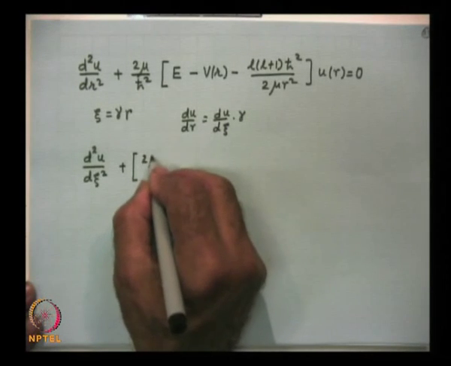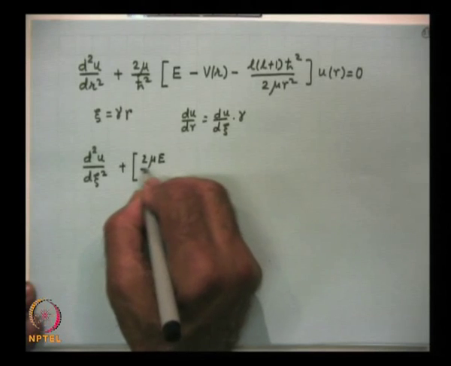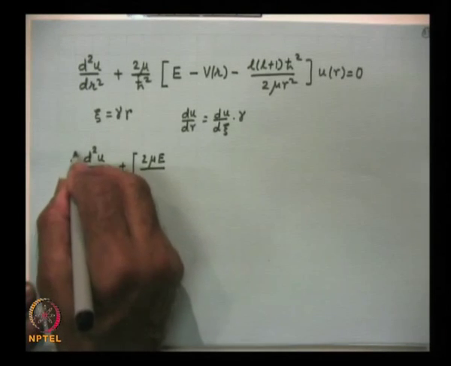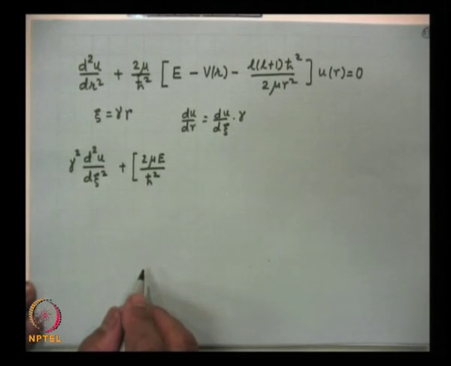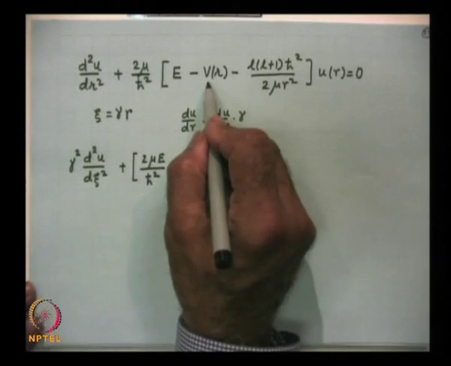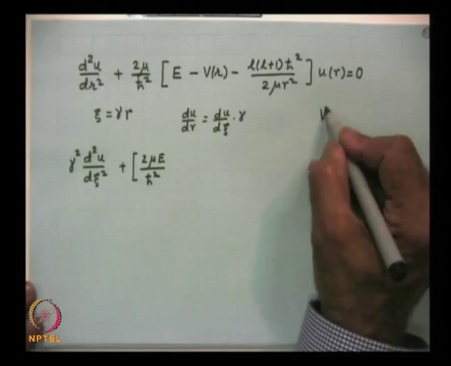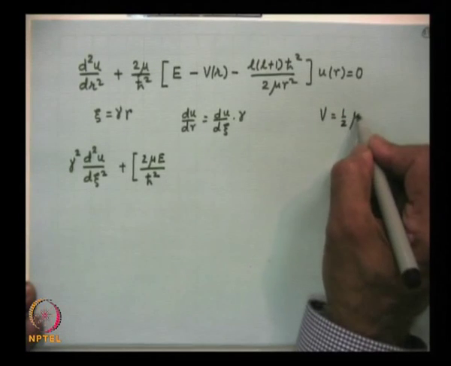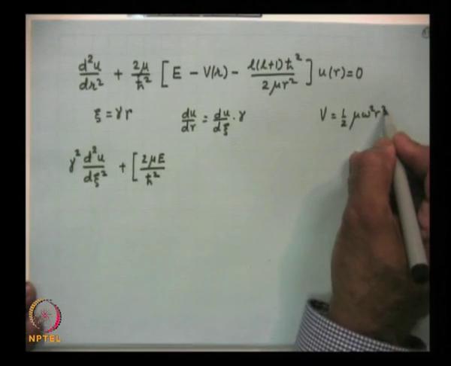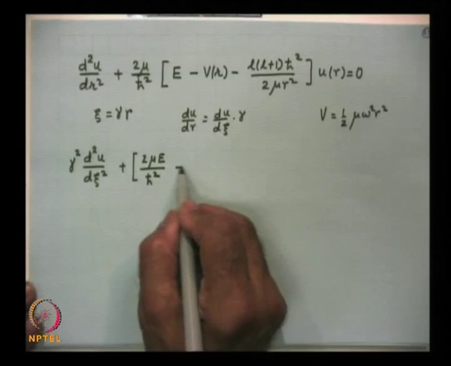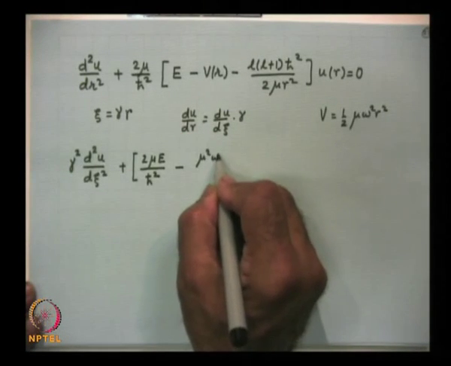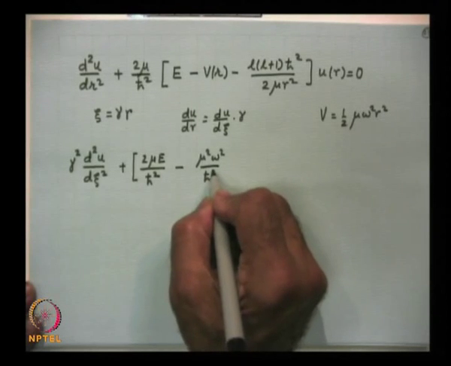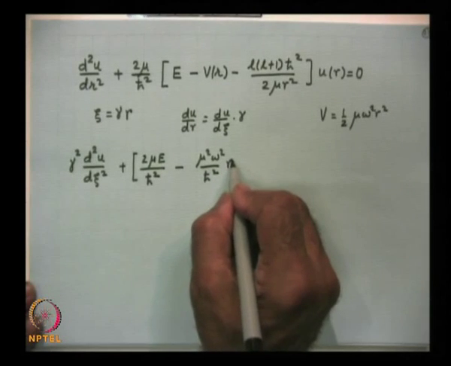My potential energy is half mu omega square r square, so half into 2 cancel out, and you get mu square omega square by h cross square r square.